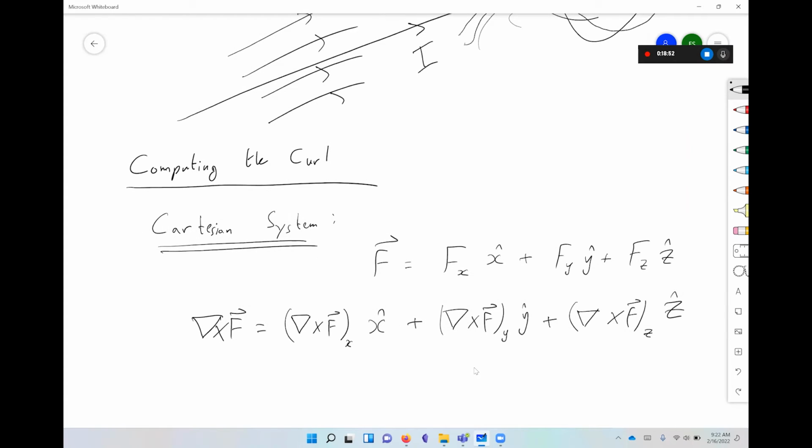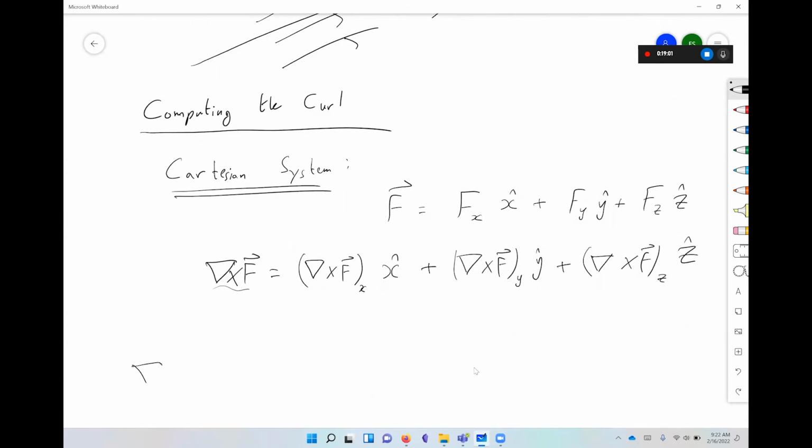How can we do that? Well, that's easy, right? I can just take curl F and dot it with x hat. What does this give me? This gives me this component, because x hat dot x hat gives me 1, x hat dot y hat gives me 0, and x hat dot z hat gives me 0.